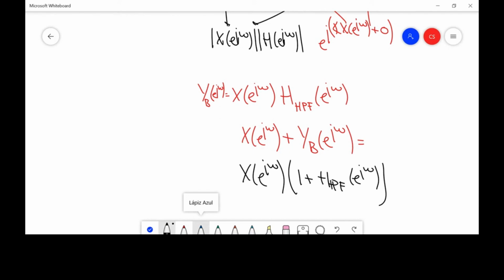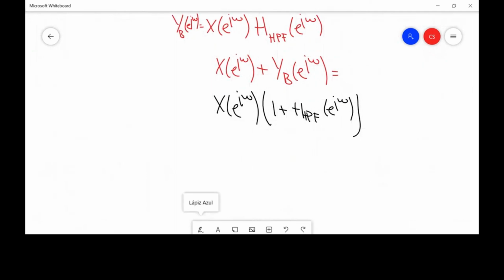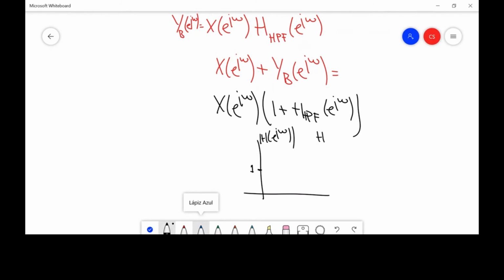And what is the shape of a filter that enhances borders? It is 1 plus a high-pass filter. For instance, one that could do that is this one. It starts at 1 instead of starting at 0. Let's say that my filter is like we did before, 1 plus omega. So that filter keeps the low frequency component, but it is enhancing the borders.